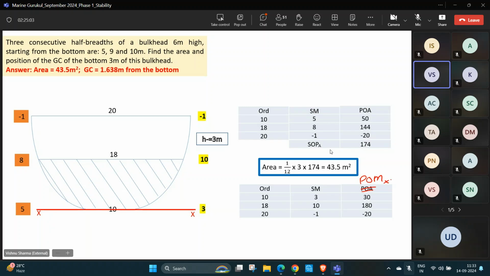Please correct it, no problem. Then we get SOP moment about XX equal to 190. Am I clear, beta? Correct?